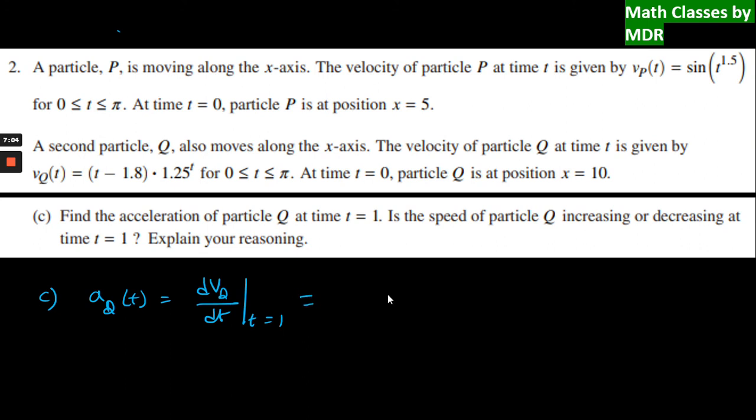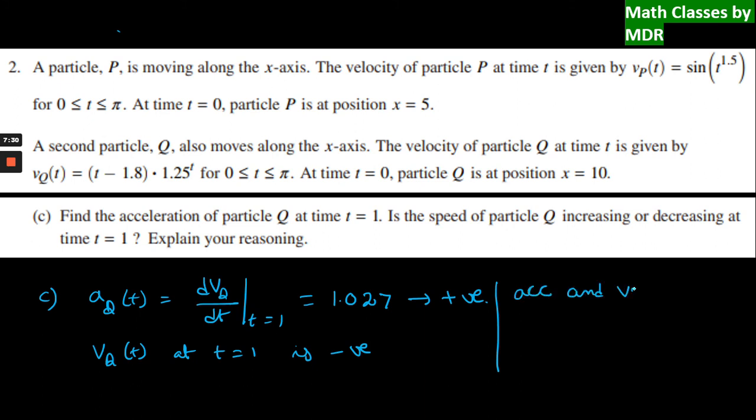At t = 1, this value will be 1.027. And we have seen already vQ at t = 1 is negative, and this is positive. It means that acceleration is positive and velocity is negative. So here acceleration and velocity have opposite signs.